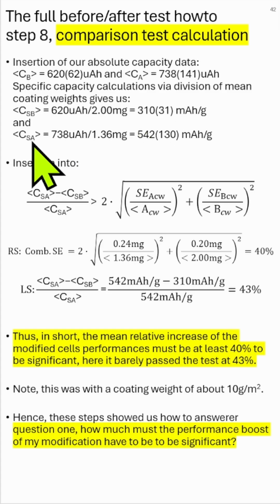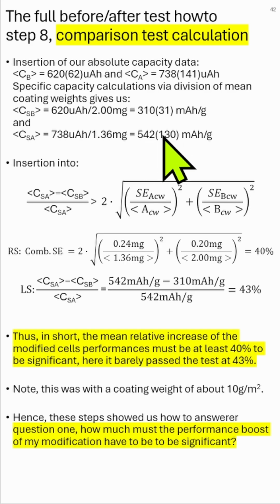And for the modified set, the A set, that specific capacity becomes 738 microampere hours divided by 1.36 milligram, which was the mean coating weight, and we get the specific capacity for the modified set to be 542 milliampere hours per gram with a standard error of 130. So that's almost twice, not really twice, almost twice.